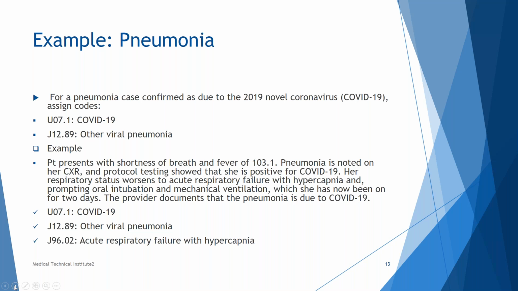The provider documents that the pneumonia is due to COVID-19. So once again, the COVID code is first, followed by the pneumonia for other viral pneumonia, J12.89, and then the acute respiratory failure with hypercapnia.